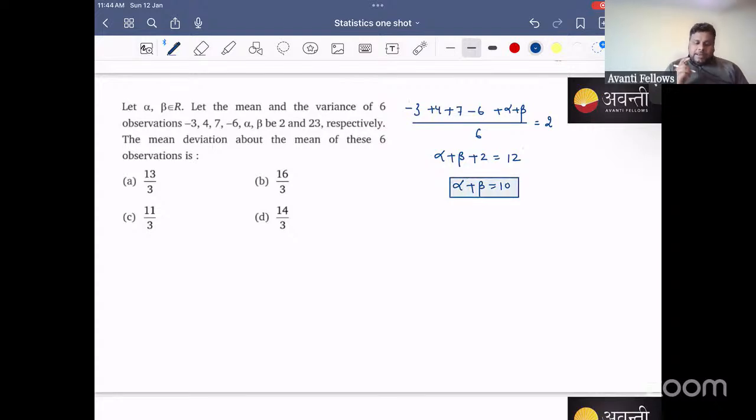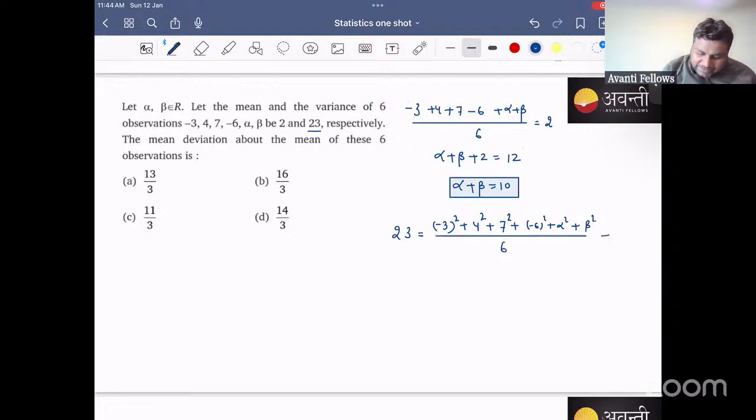Understood? Now their variance is 23. Now 23 means variance is what? Mean of squares: minus 3 square plus 4 square plus 7 square plus minus 6 square plus alpha square plus beta square, whole divided by 6, minus square of mean.